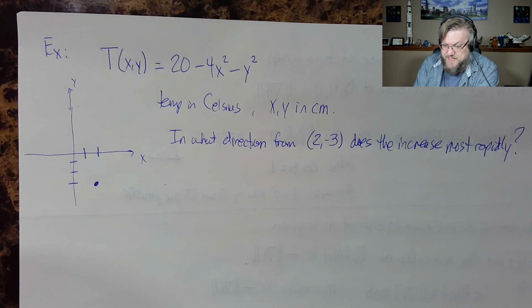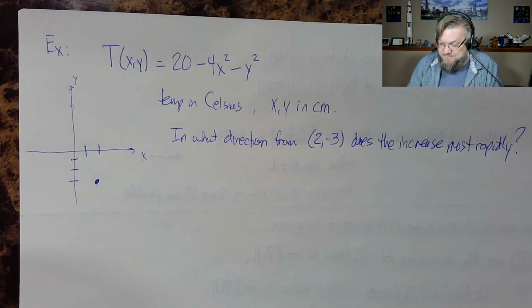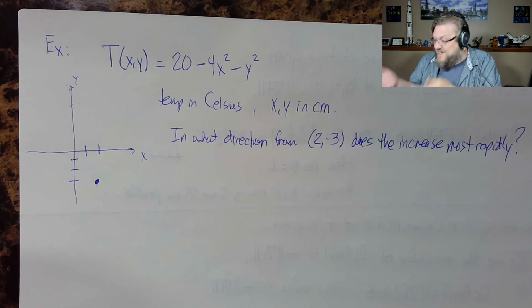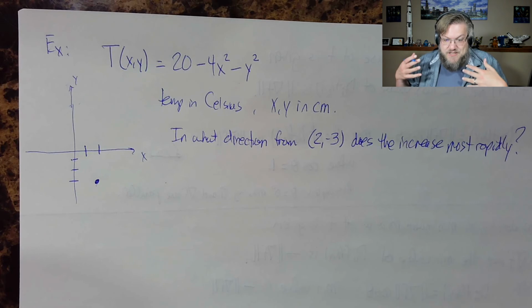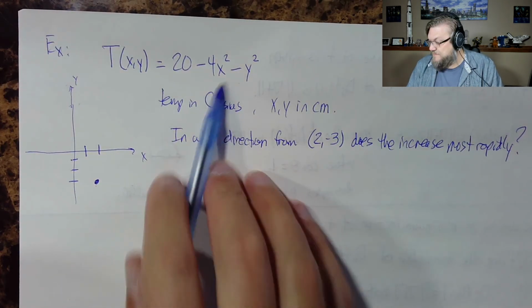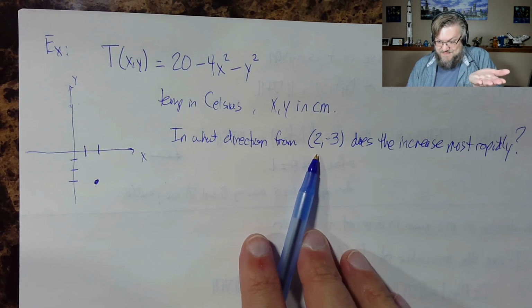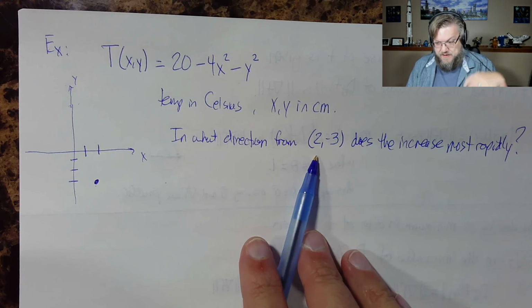Okay. Now that seems like a difficult question, right? Except we just learned about the gradient and its property. The gradient points in the direction of maximum increase. So this is just a fancy way of asking, calculate the gradient of this surface, and then plug in the point that you're at. That is the compass, that is the direction that you must walk in to experience the greatest temperature increase, right?